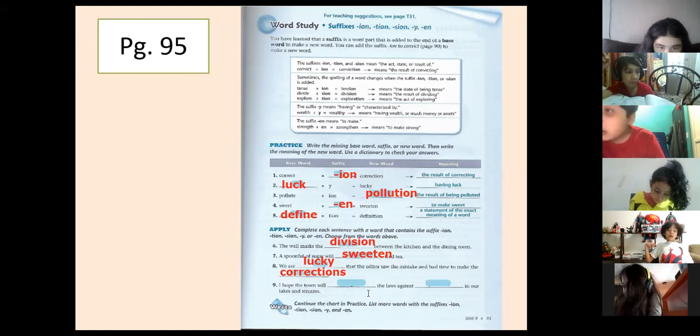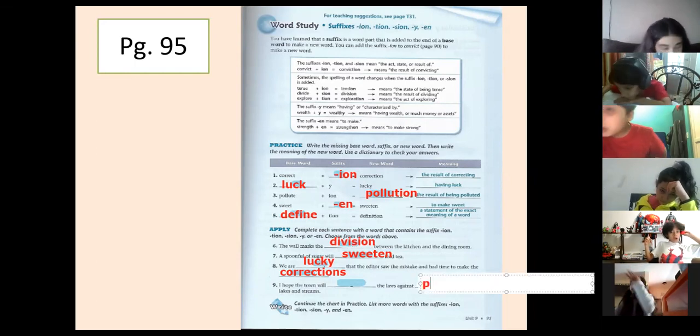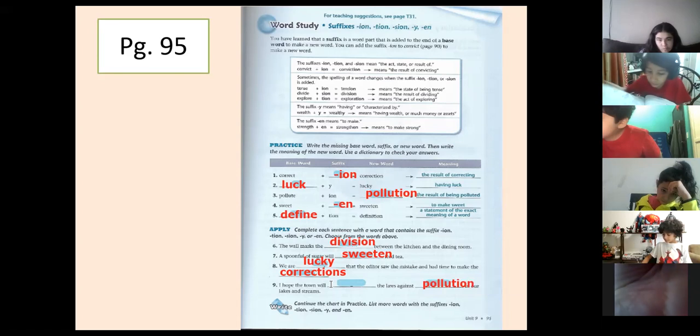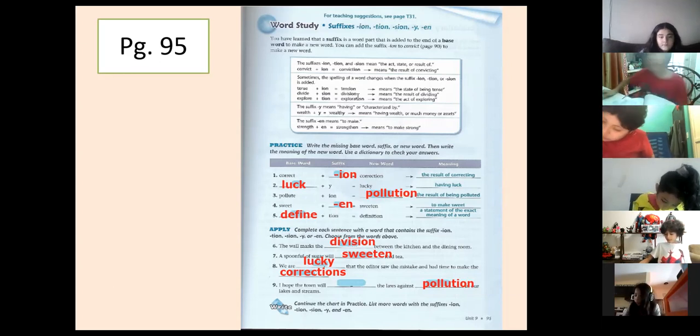And number 9, just to finish for today: I hope the town will blank the laws against blank in our lakes and industry. Pollution, that's right, against pollution, but the first word is missing. Definition. We're going to make something strong.